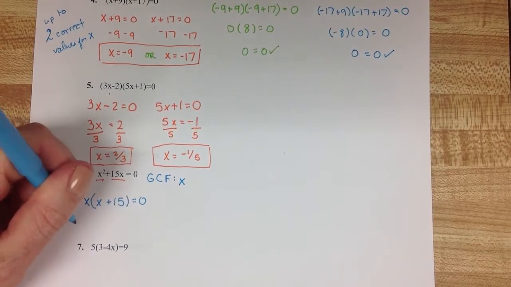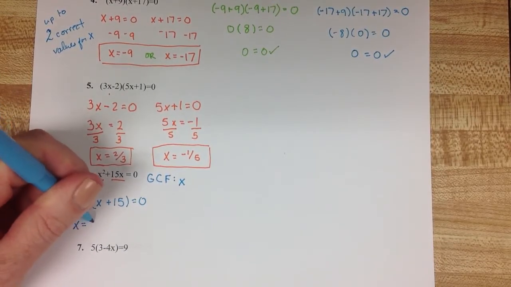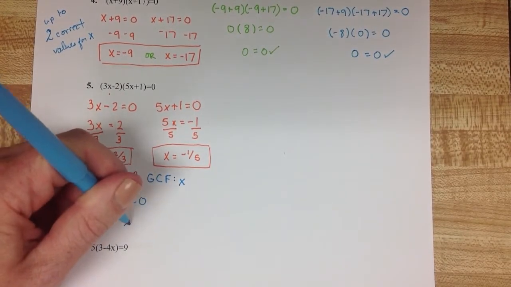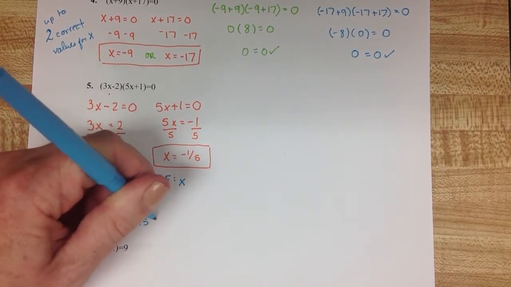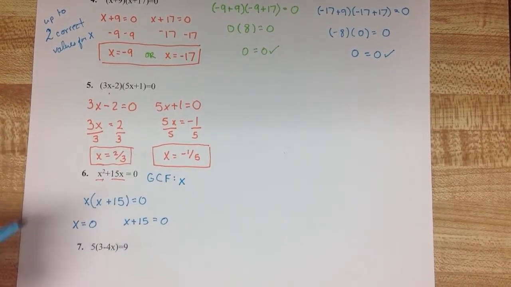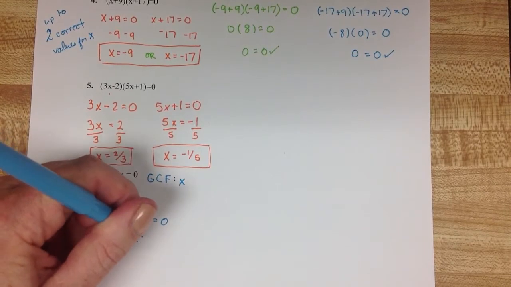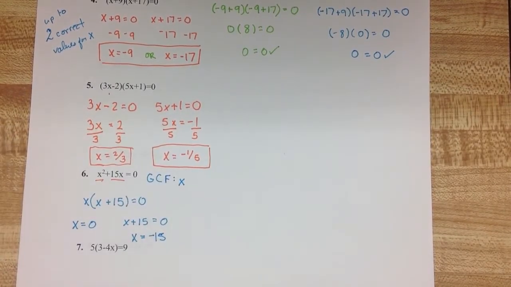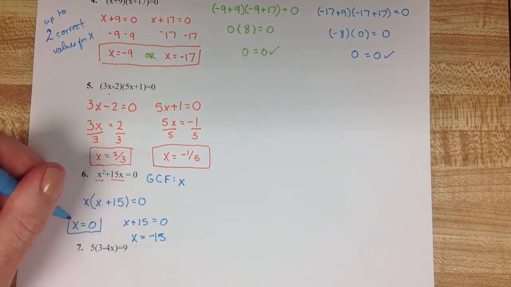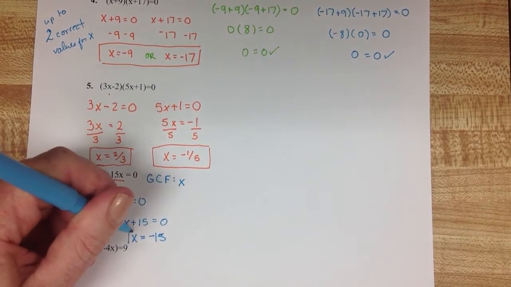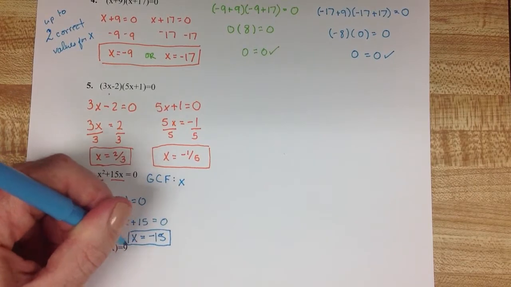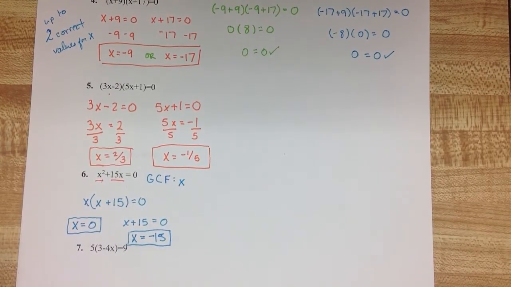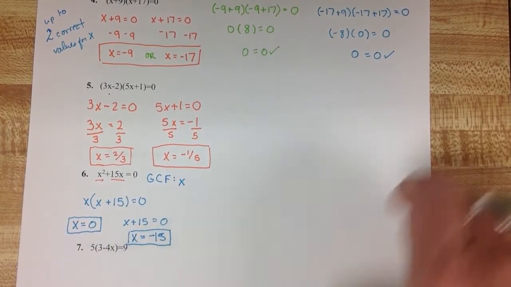So when I split it up into the two pieces, I get x equals 0, or I get x plus 15 equals 0. Solving this one for x, I get x equals -15. So the two possible solutions for this polynomial equation are x equals 0 and x equals -15.